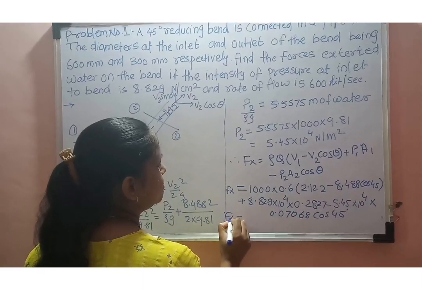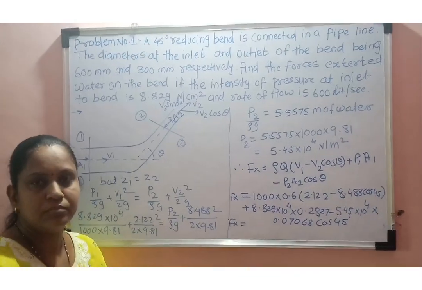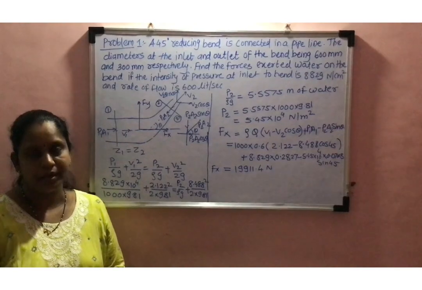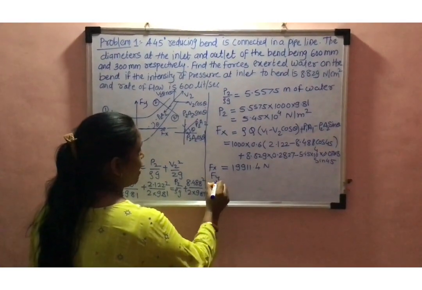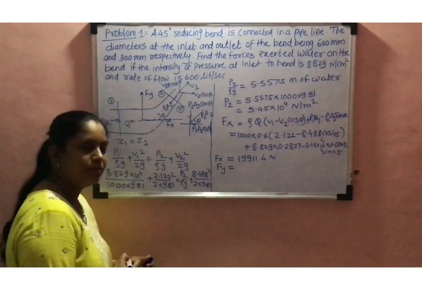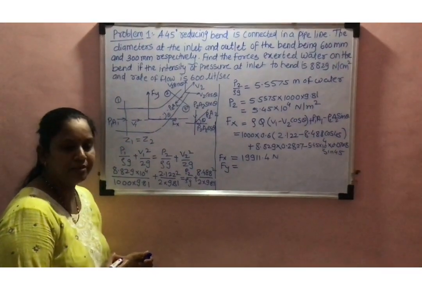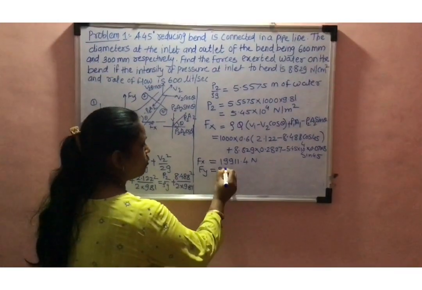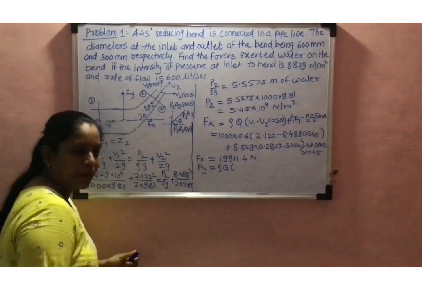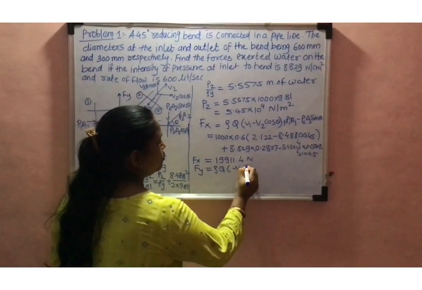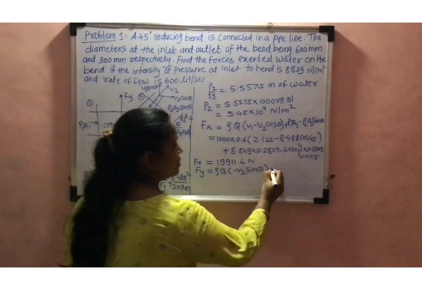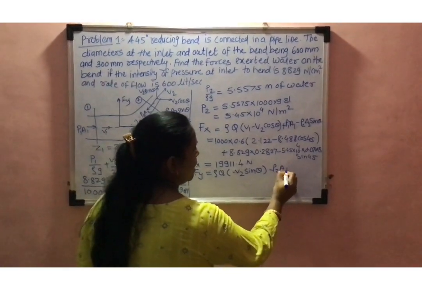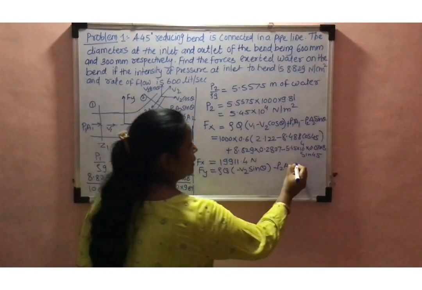So Fx is equal to 19911.4 N. Now the force exerted along the y direction, that is Fy, is given by the expression Fy is equal to rho Q (minus V2 sin theta) minus P2 A2 sin theta.